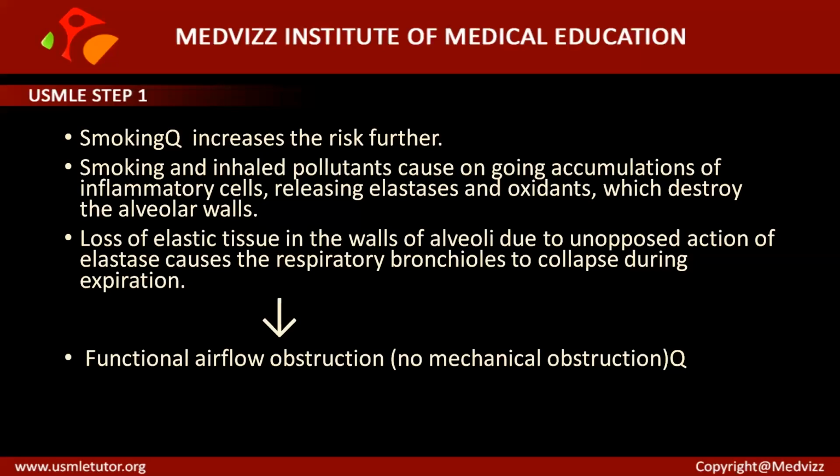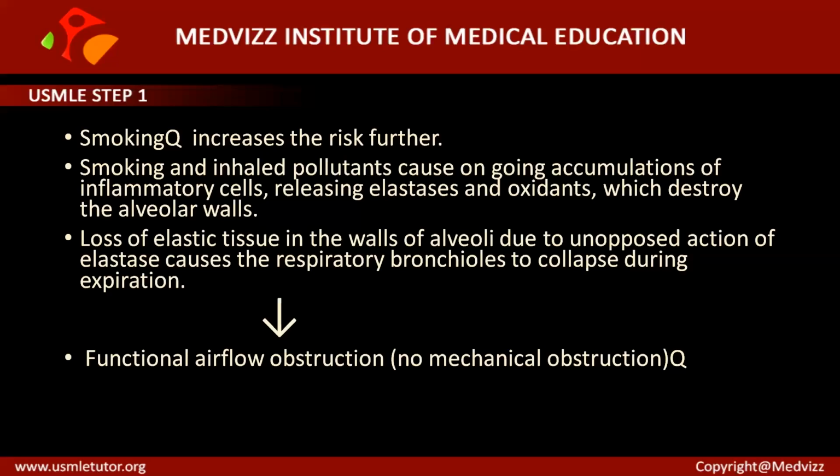There is no mechanical obstruction, because mechanical obstruction is typically seen in bronchiectasis, which is a part of COPD. There is a functional airflow obstruction, but no mechanical obstruction like a tumor or any other condition.